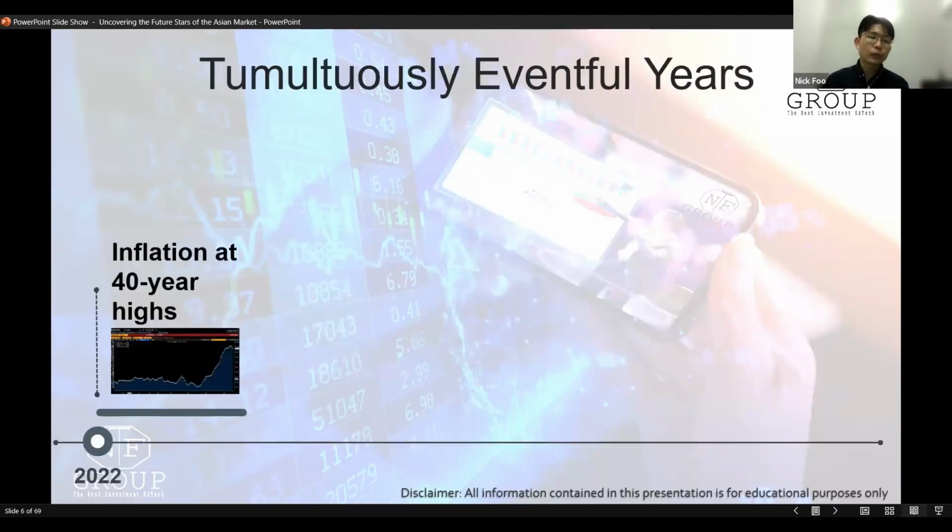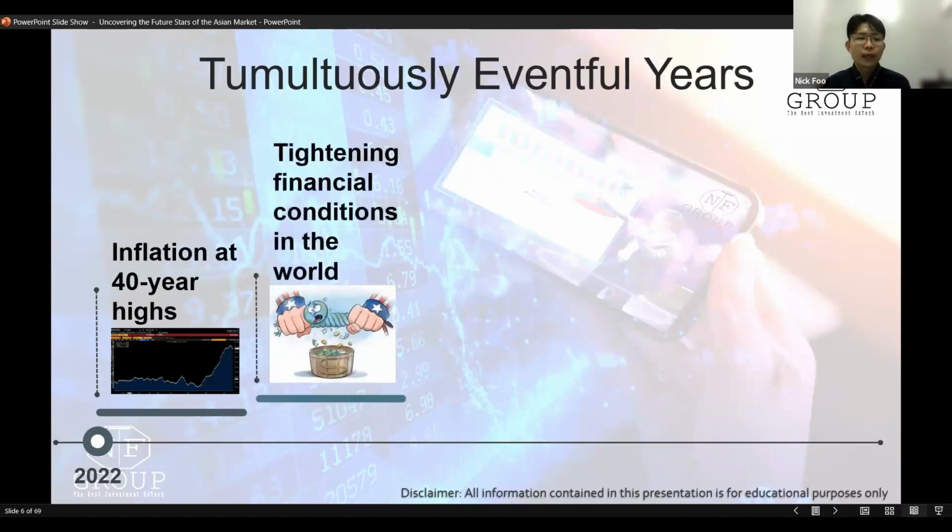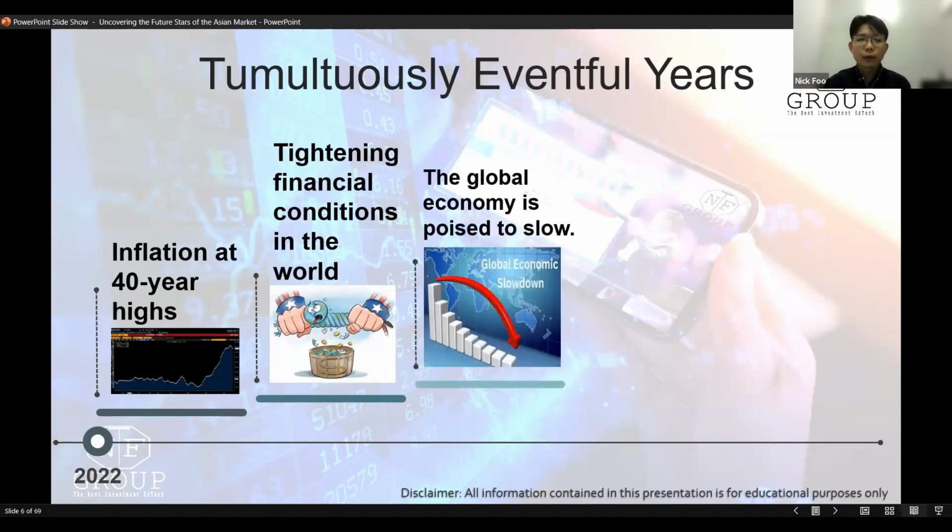But of course, in 2022, US inflation hit 40-year highs, and the Federal Reserve tightened financial conditions and increased interest rates, right? So they take back all the hot money from around the world. And of course, the global economy is supposed to slow.